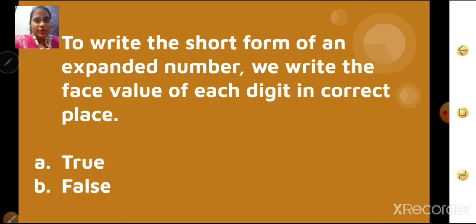Children, look at this question. To write the short form of an expanded number, we write the face value of each digit in correct place. Now children, first thing is we have to read all the questions properly and slowly. Then we have to decide whether the statement is true or false. Okay. So now here it is related to short form.